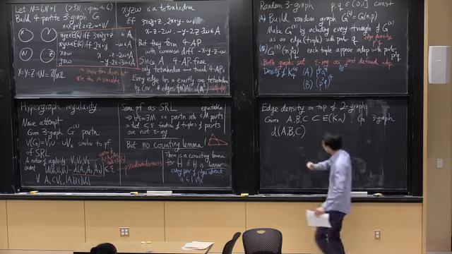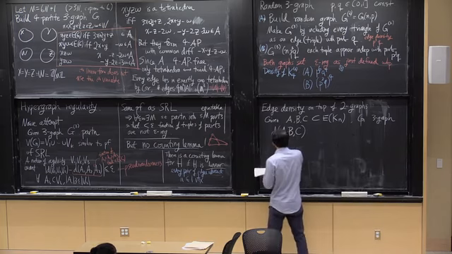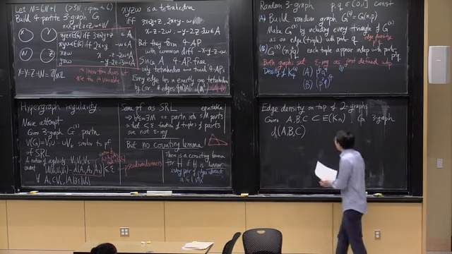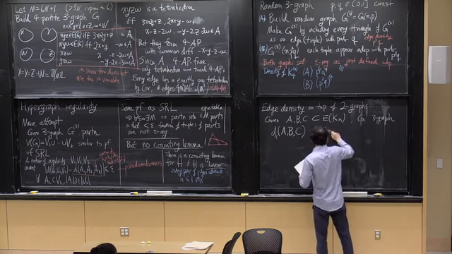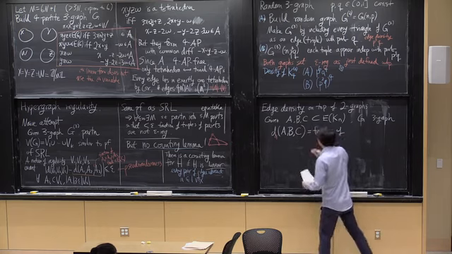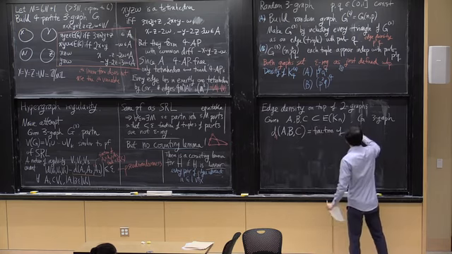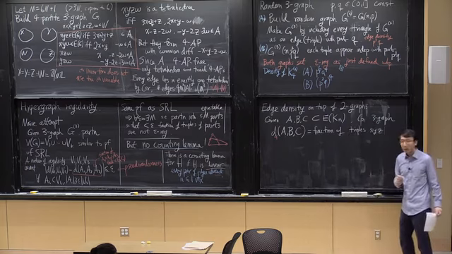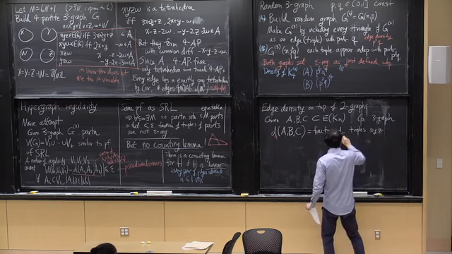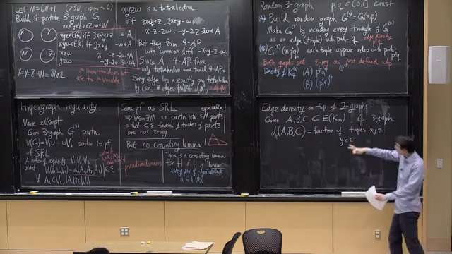Okay, so there's always a hidden G, which I'll usually omit, to be the fraction of triples XYZ, where the XYZ are such that they sit on top of ABC.